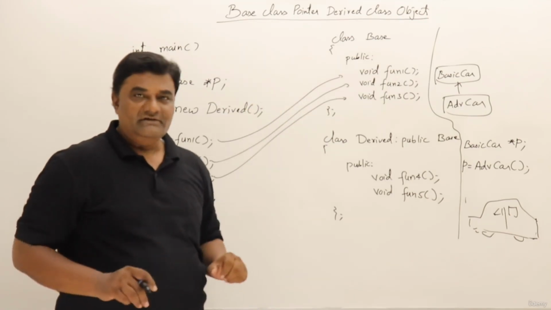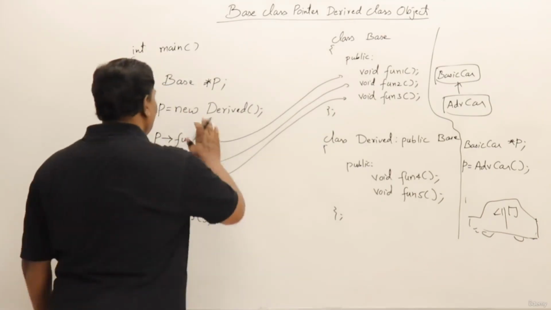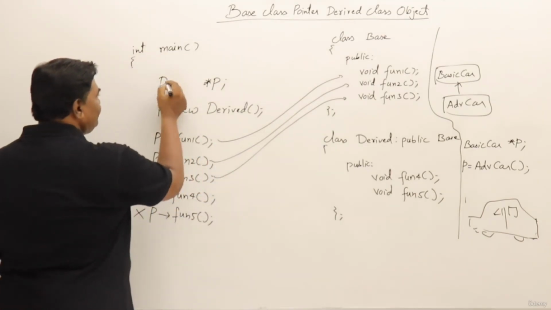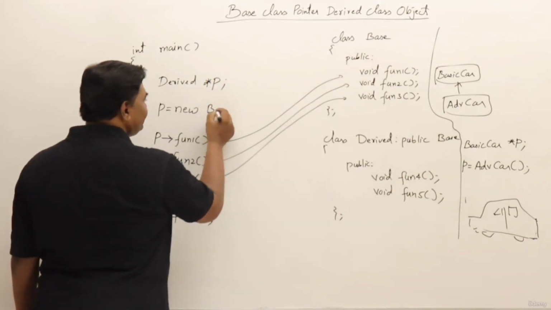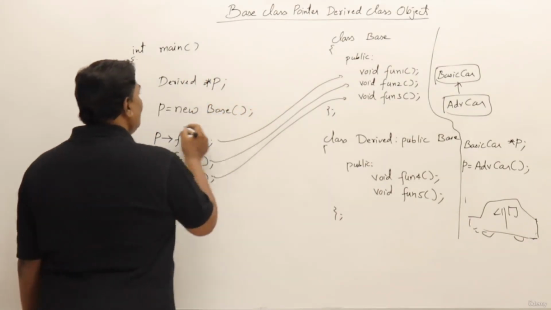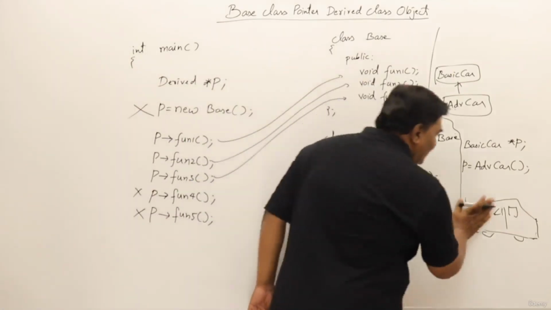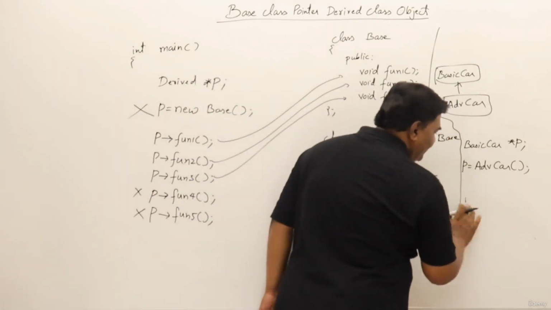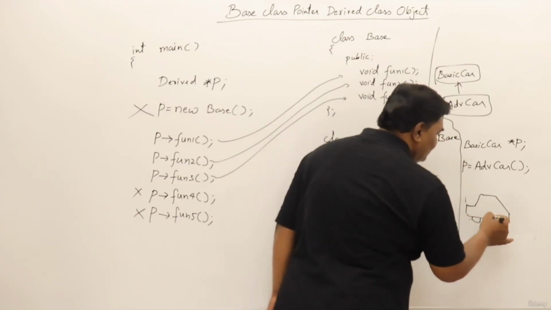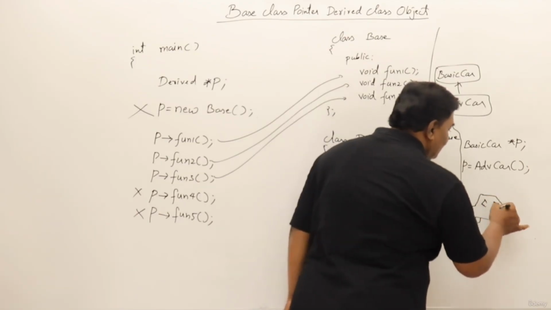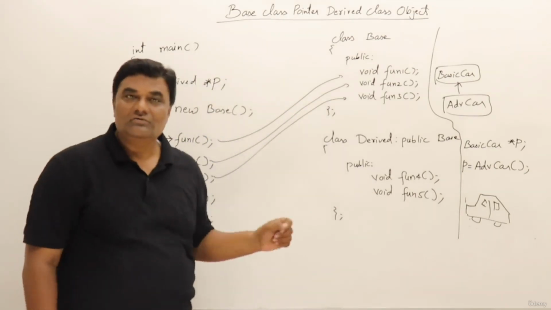Now I'll give you one more idea. Is it possible that I have a derived class pointer and I assign the object of the base class? Is it possible? No, not possible. Why? Let us see. See, I have a basic car, and now I am calling it an advanced car. I am wrong.